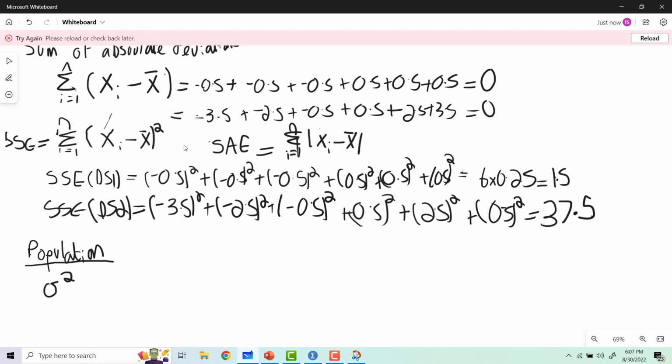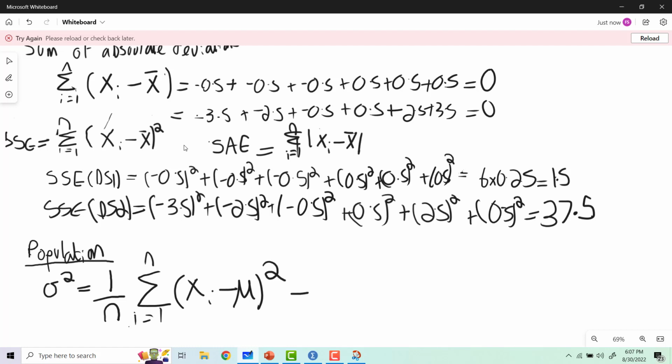We're going to define sigma squared equals 1 over n. This assumes we have the entire population. Just keep that for the moment.